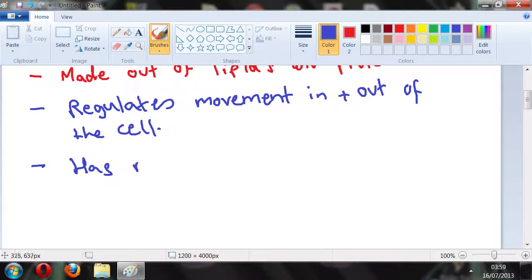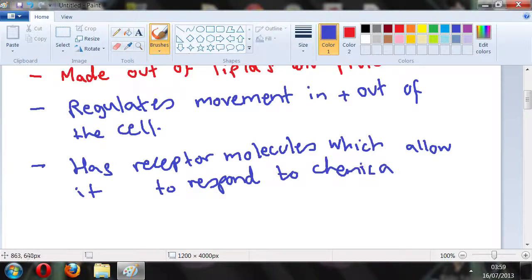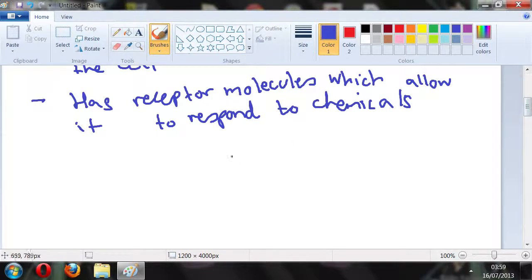It has receptor molecules, which allow the cell to respond to chemicals. So very briefly, I'm just going to be very brief with this.